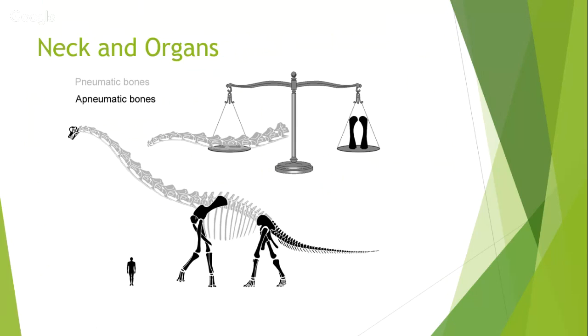The reason for this drastic weight reduction is that the neck bones have multiple cavities and inner channels within them. Some of these cavities, scientists believe, were for the lungs and air sacs, very similar to how birds' lungs are, and for veins. And I'll go into that a little bit more on the veins.